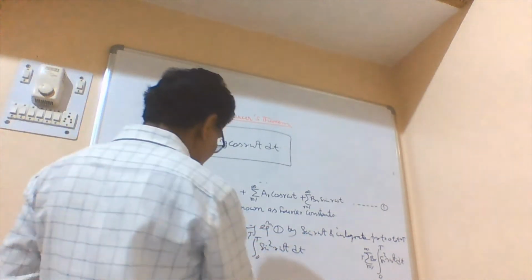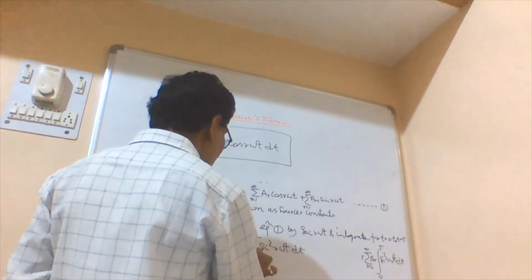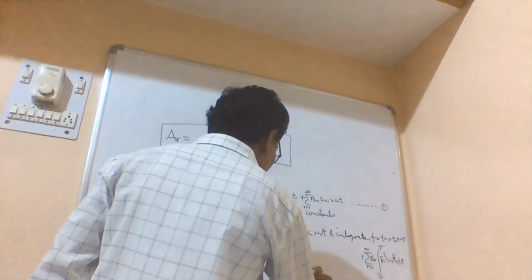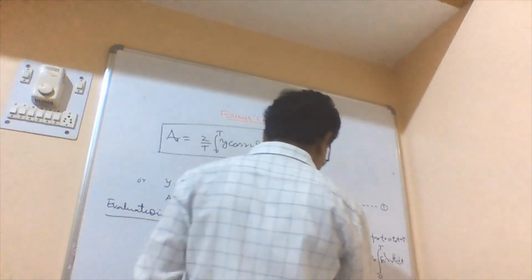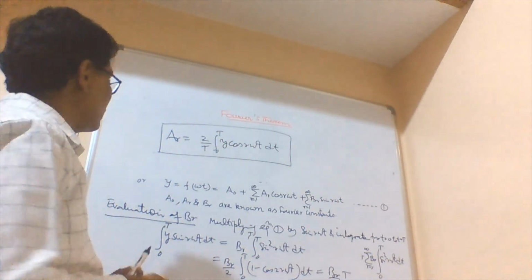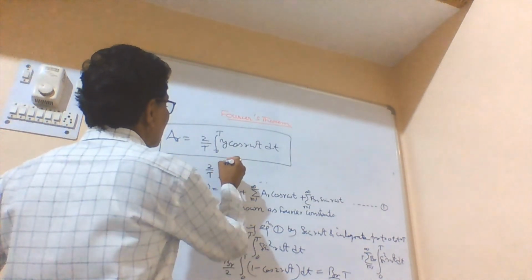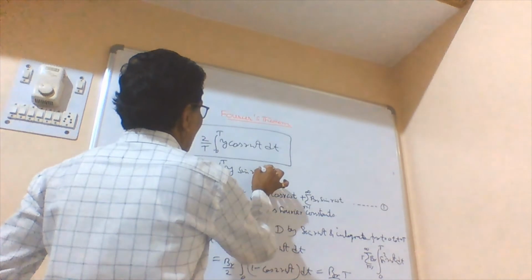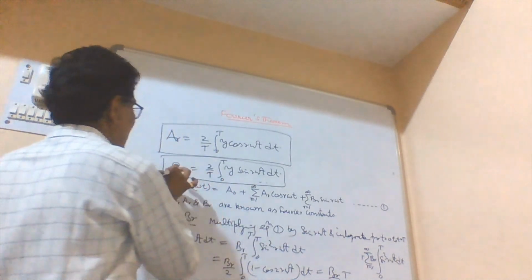So once again we can write it as br by 2 times integral 0 to T of 1 minus cos 2rωt dt. So this comes out as br by 2 into T, or br is equal to 2 over T times integral 0 to T of y sin rωt dt. This is the value of the Fourier coefficient br.